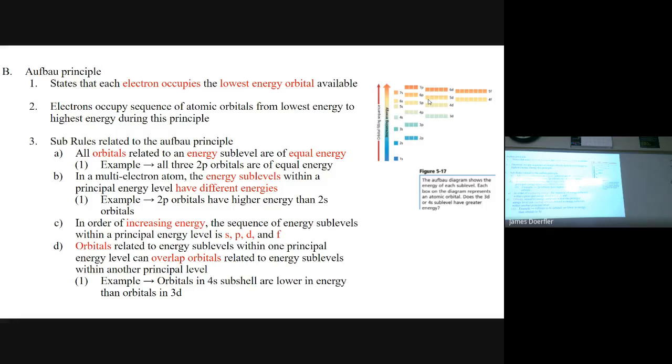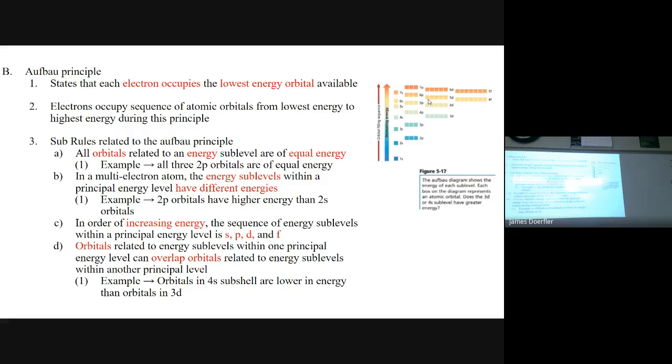But when we get into what we call a multi-electron atom, which is essentially any element not hydrogen, so every other element except hydrogen, the energy sublevels within a principal energy level have different energies.